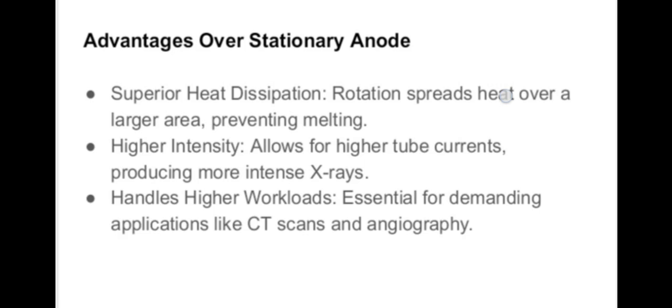Next, it handles higher workloads. Usually it is essential for demanding applications like CT scans and angiography. Usually this rotating anode system is applied in computer tomography, that is CT, general radiography, that is X-rays, and in fluoroscopic methods.